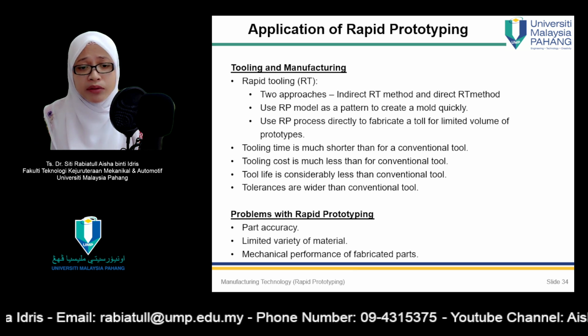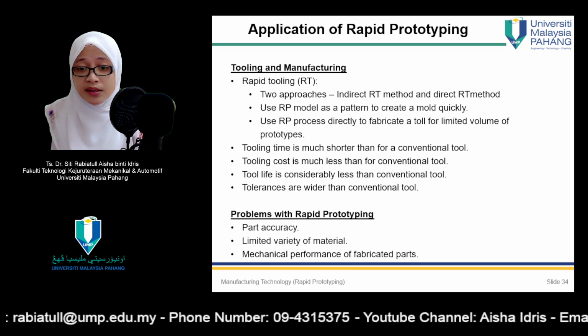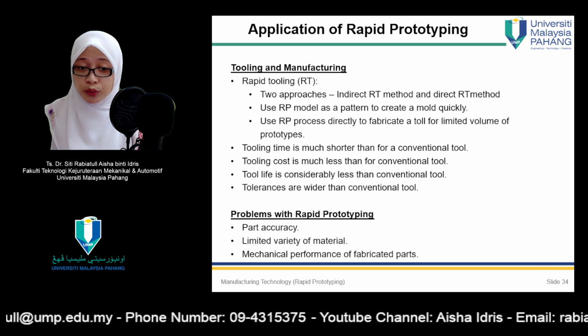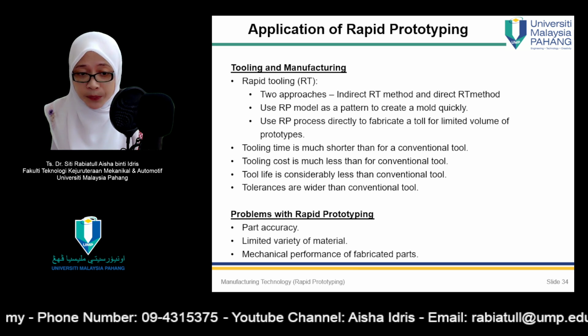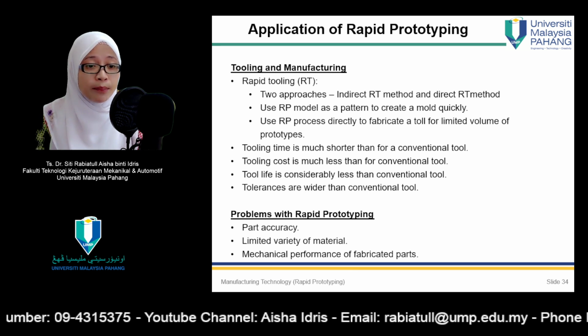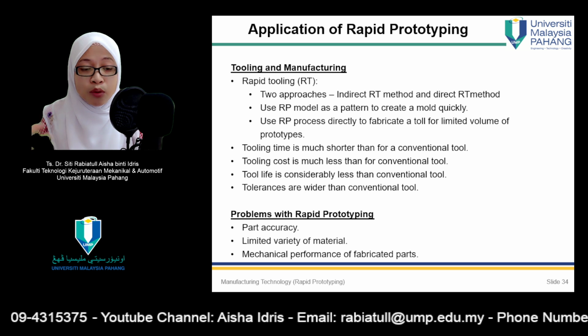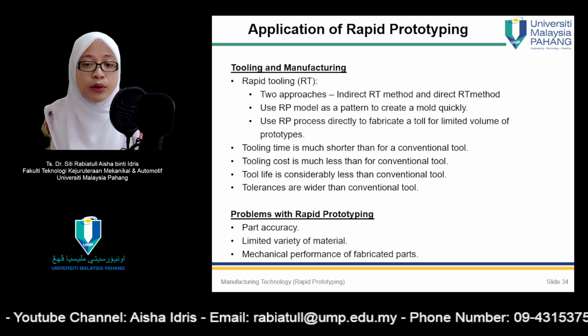Examples of direct RTM include number one, RP fabricated mold cavity inserts that can be sprayed with metal to produce injection molds for limited quantities of production plastic parts. And number two, 3D printing to create a die geometry using metallic powders, followed by sintering and infiltration to complete the fabrication of the die.